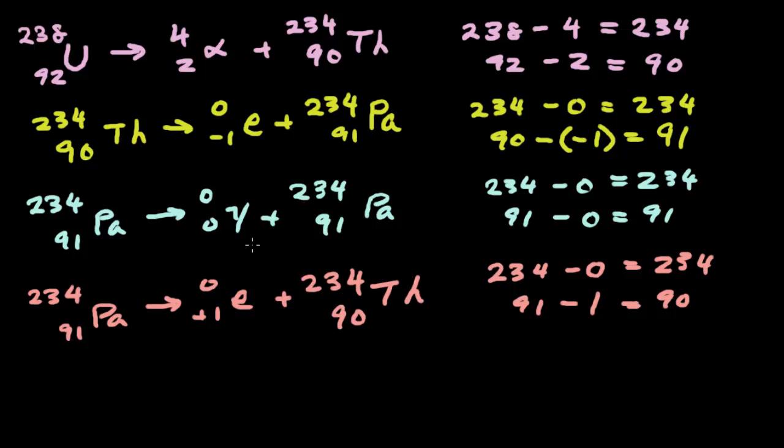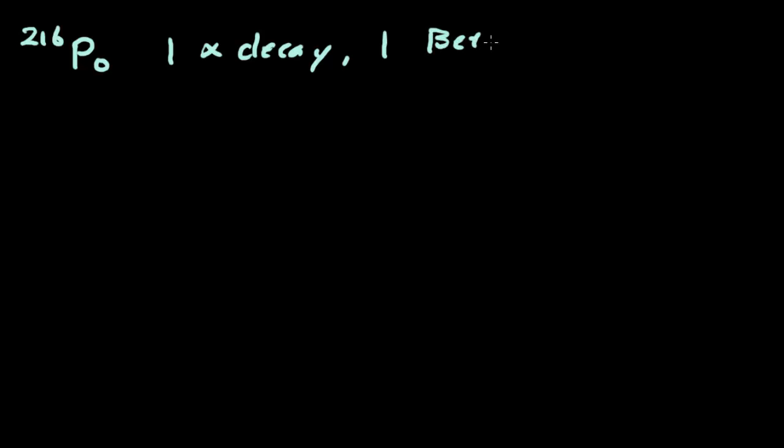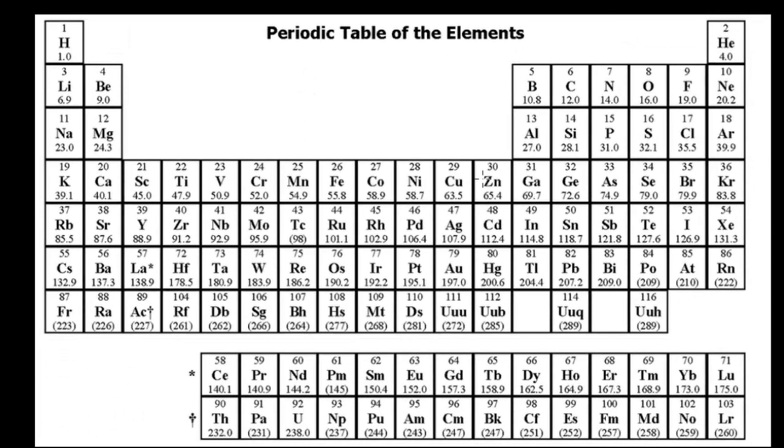Let's try a challenge problem that is similar to a problem that might appear on the MCAT. So it says we have 216 polonium, and it undergoes 1 alpha decay and 1 beta decay. So what will this produce? So for our work, we have 216 PO, and we have to actually find polonium. So we look into our periodic table, and we're looking for PO.